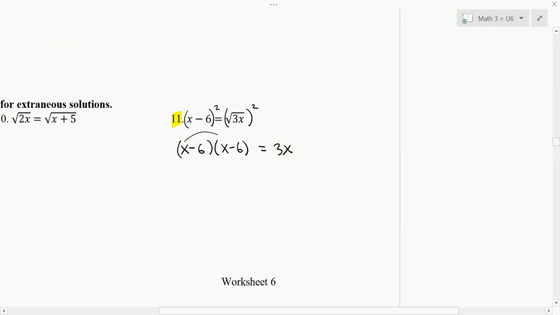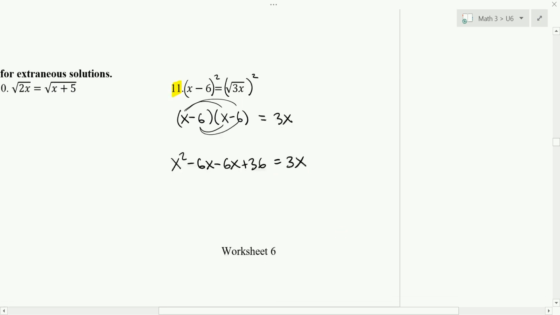Then distribute: x times x, negative 6 times x, and negative 6 times negative 6. Set that equal to 3x. The negative 6x and negative 6x can combine.